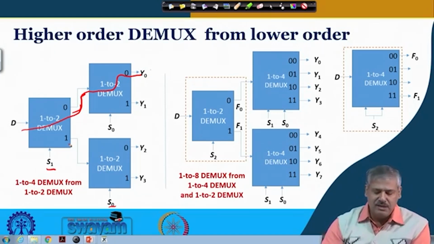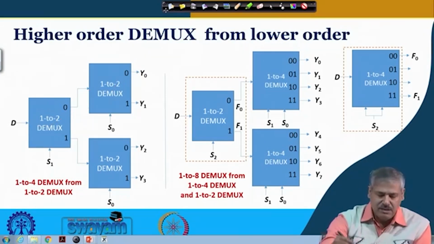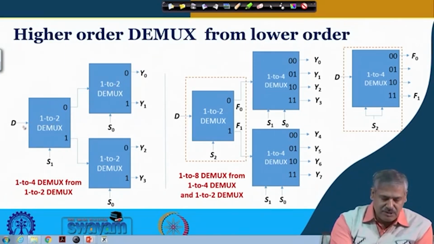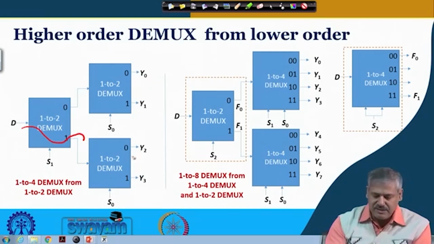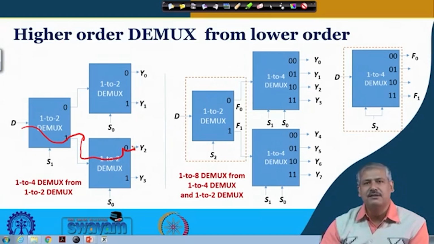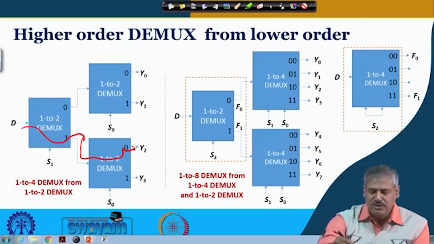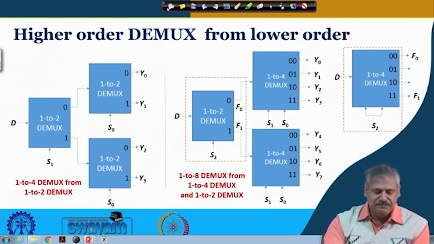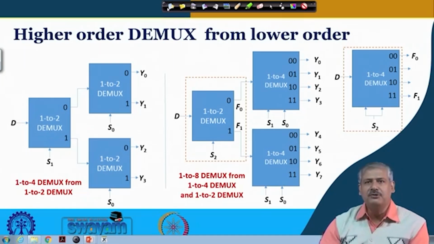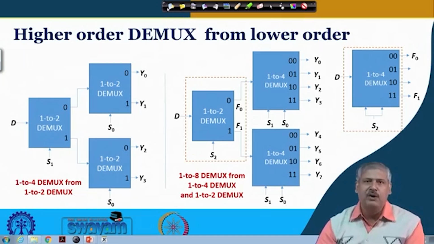If S1 is 1 and S0 is 0, what will happen? S1 is 1, so D will be steered in this direction, and S0 is 0, so it will go in this direction, so Y2 will get selected. So we can understand that using three 1 to 2 demultiplexers, we can get a 1 to 4 demultiplexer.